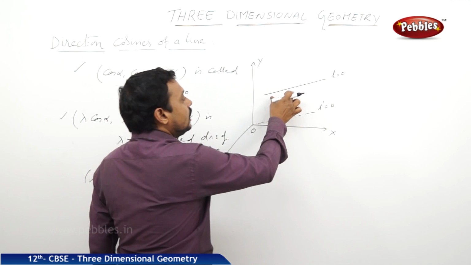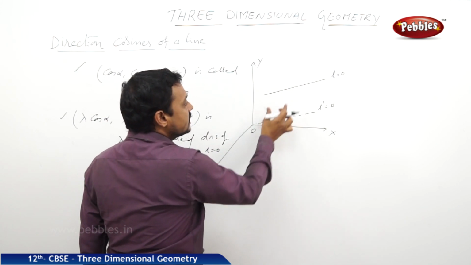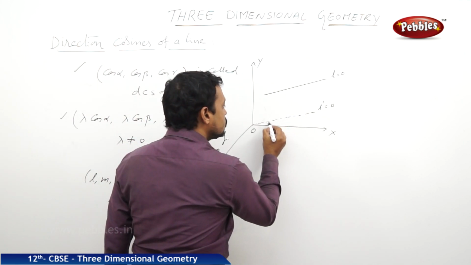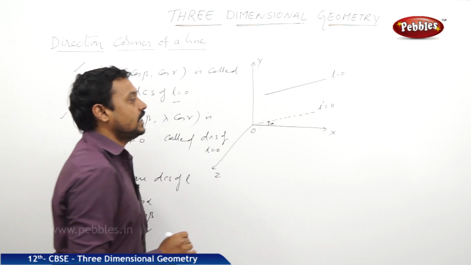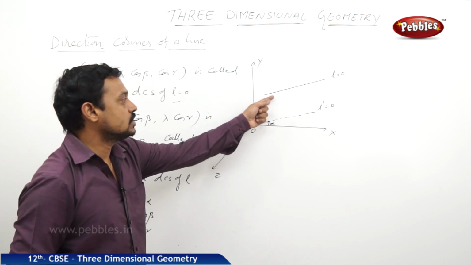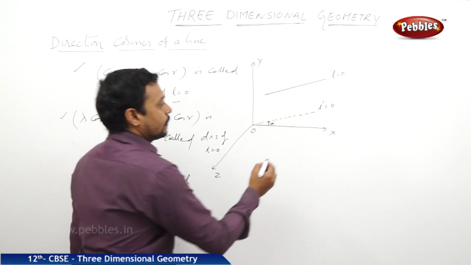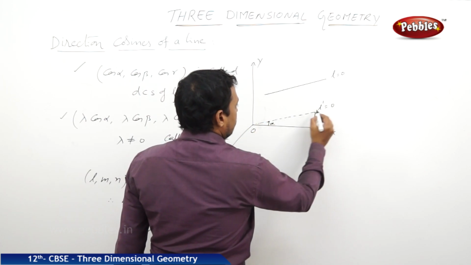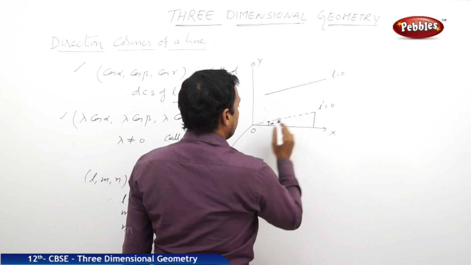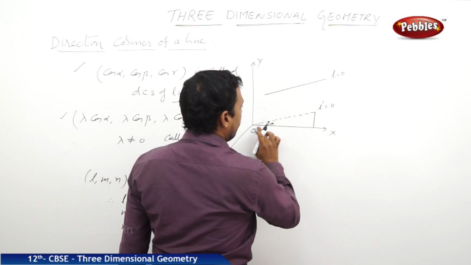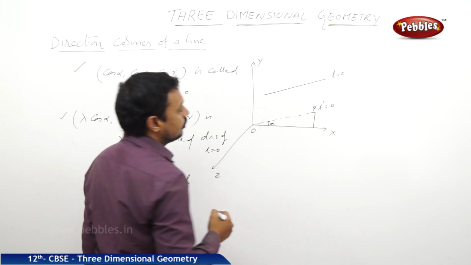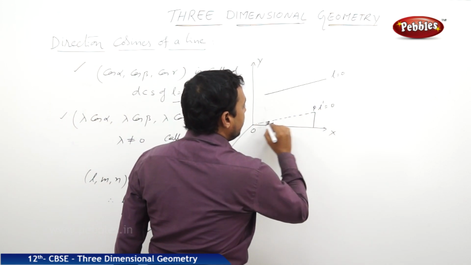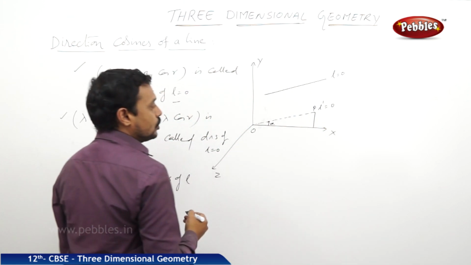Now, if the line L makes an angle alpha with the x-axis, then L dash is also making the same angle alpha with the x-axis. Why? Because these two are parallel lines. Now, suppose P is a point on the line L dash equal to 0.